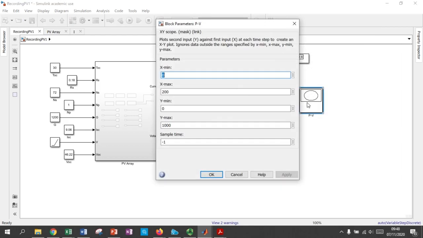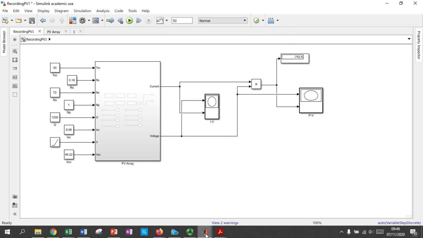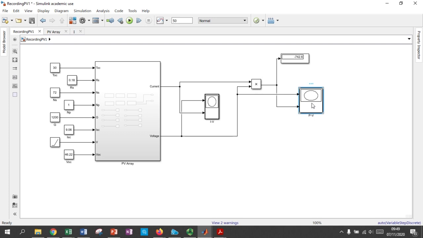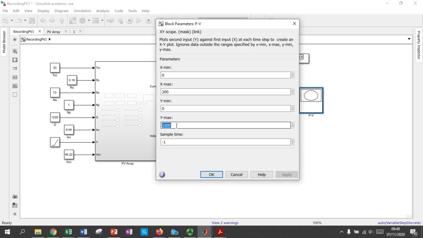Okay, and for the other one, let me check what the value is for this one. 454 for voltage. Then for power, 400 is enough, and the other one is, for example, 100, or this is a Y one, no problem.